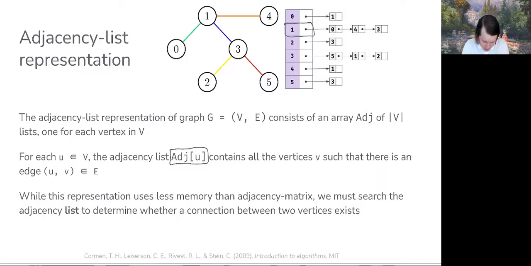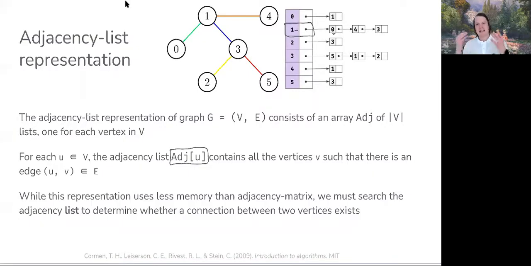So if this is U, each V is effectively communicating that there exists an edge between 1 and 0, 1 and 4, 1 and 3, etc. While this representation uses less memory than an adjacency matrix, we must search the adjacency list to determine whether a connection exists between two vertices.